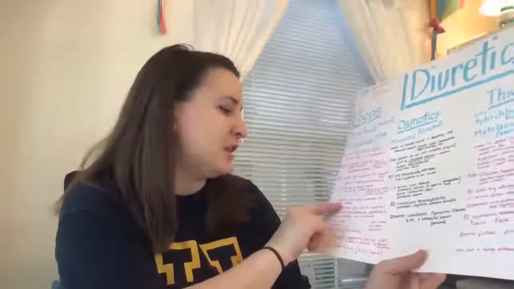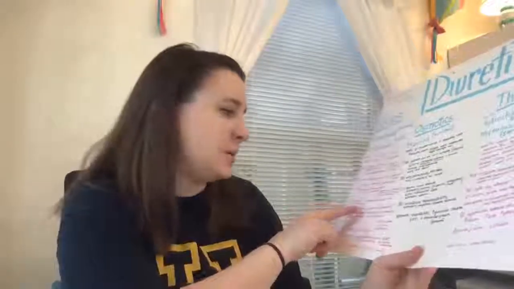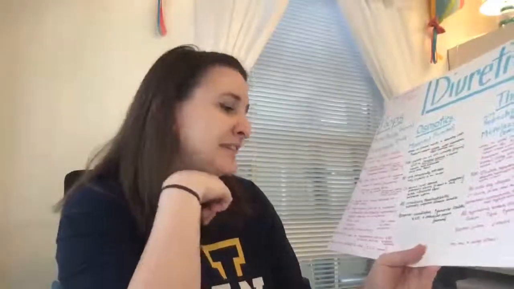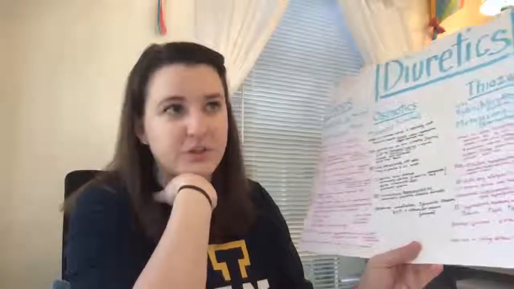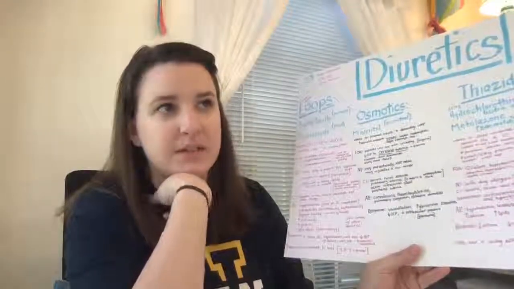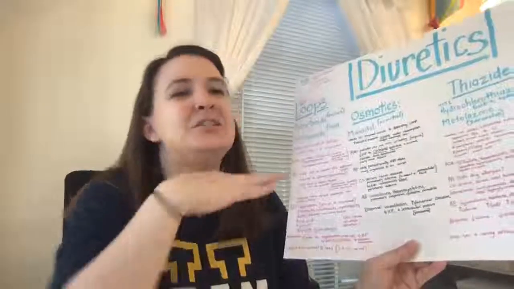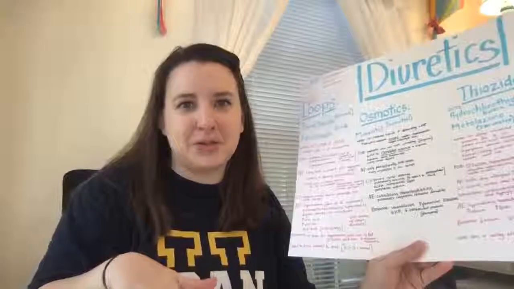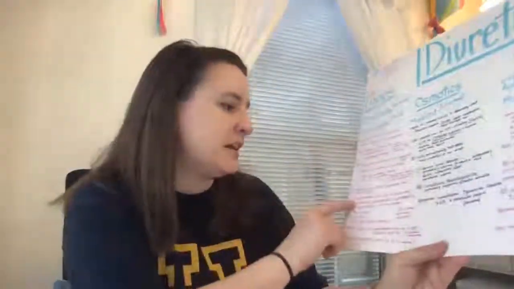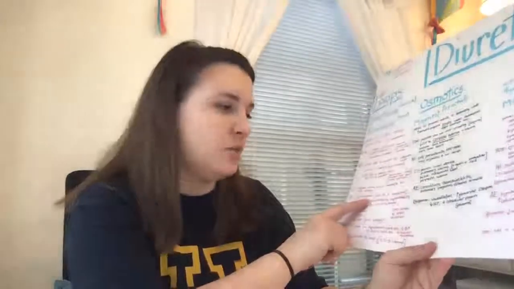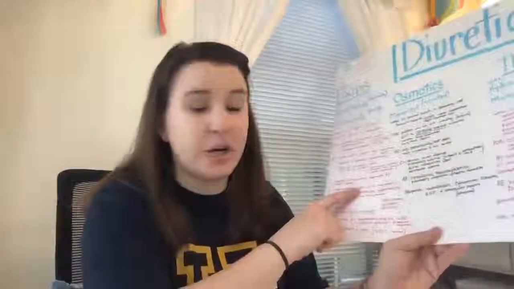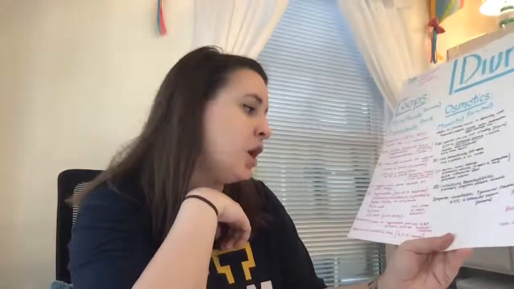Loop diuretics are contraindicated in patients who have a hepatic coma, severe electrolyte loss, or a sulfa drug allergy. Remember, this is one of those drugs that can be related to sulfonamides. I can't say it. Just need to know if your patient has a sulfa drug allergy. Adverse effects of loop diuretics include hypokalemia, which is low potassium, so you're going to need to give your patient a potassium supplement or at least monitor their potassium levels.